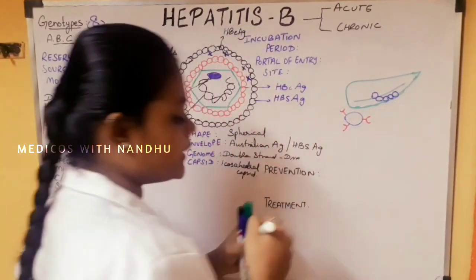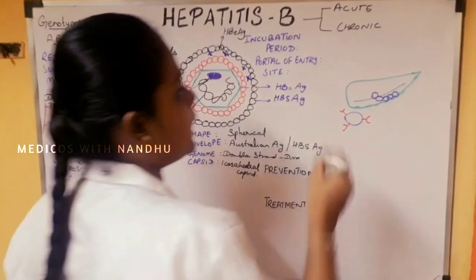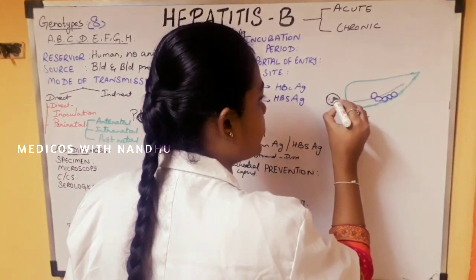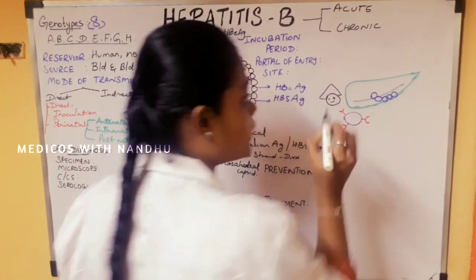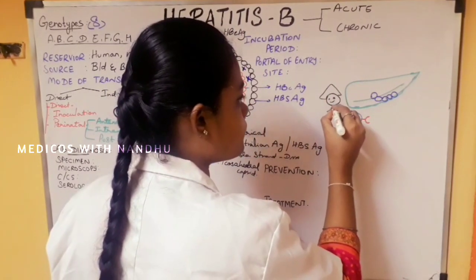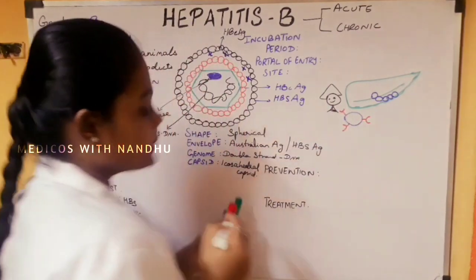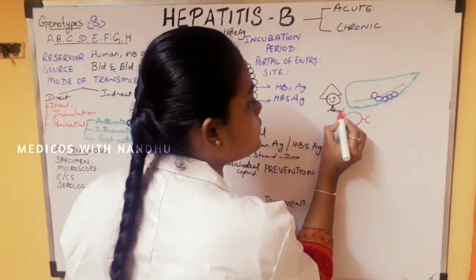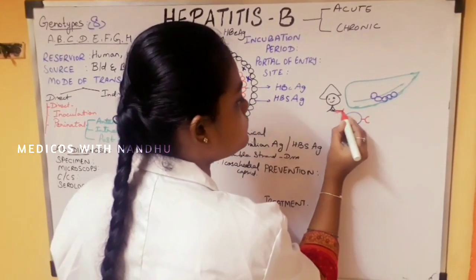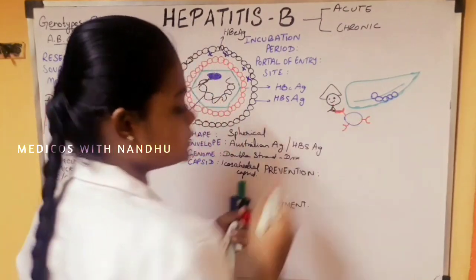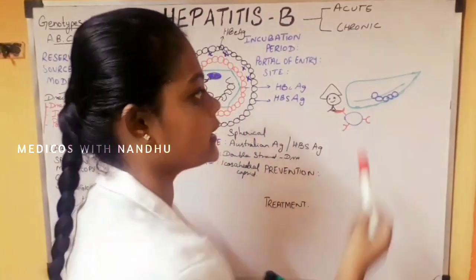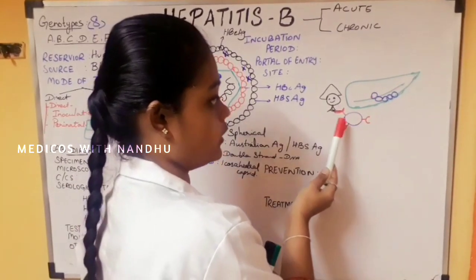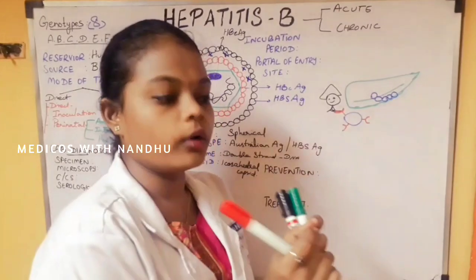So when the hepatitis B virus, let us assume this is the virus, binds to the receptor, the virus that enters the body reaches the hepatocyte of the liver, and in the hepatocyte there are more receptors.